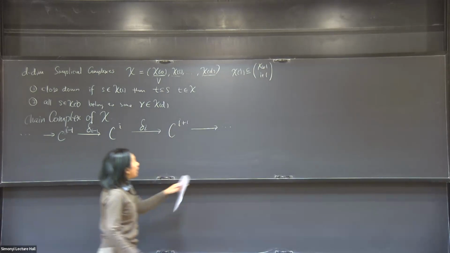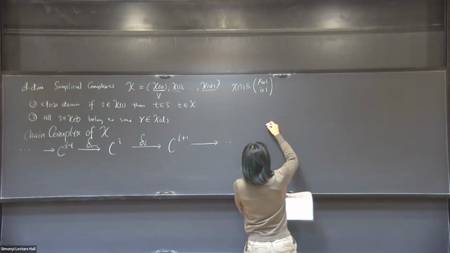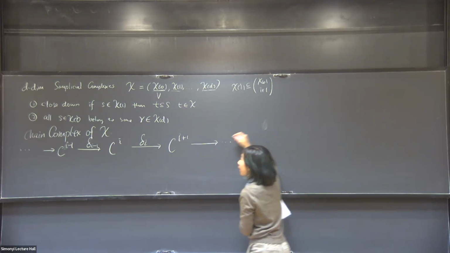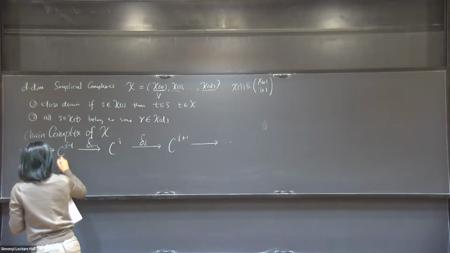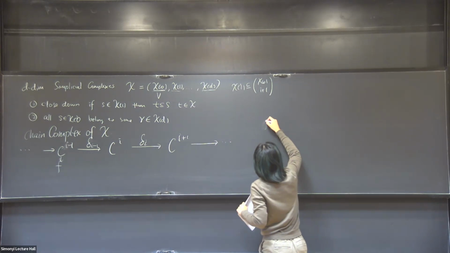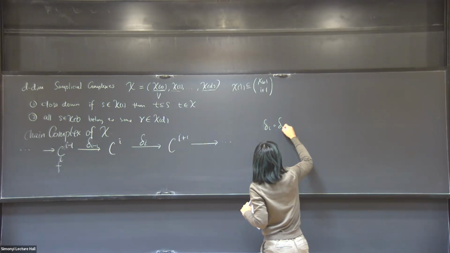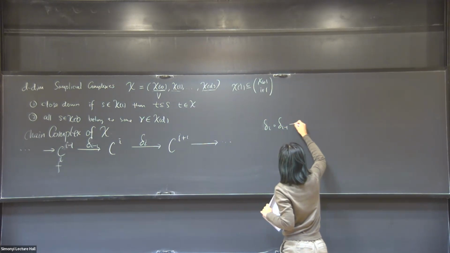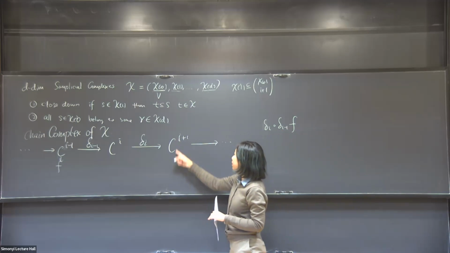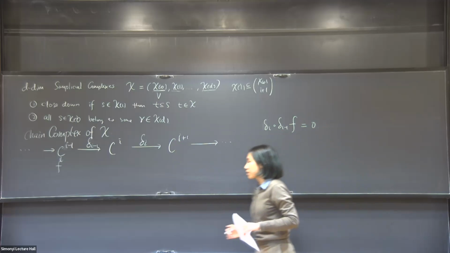A more interesting thing to note is that if I compose two consecutive coboundary maps, so if I have a function f inside C(I minus 1), and I apply delta I minus 1 and delta I to f, it becomes a function in this space. The claim is that this is actually the constant zero function.